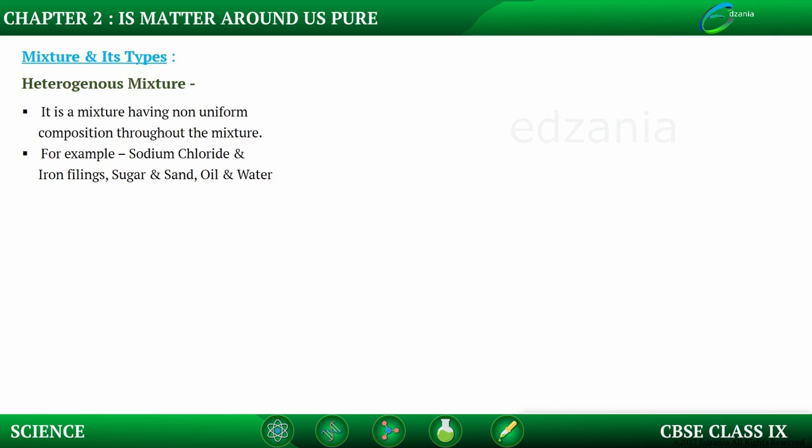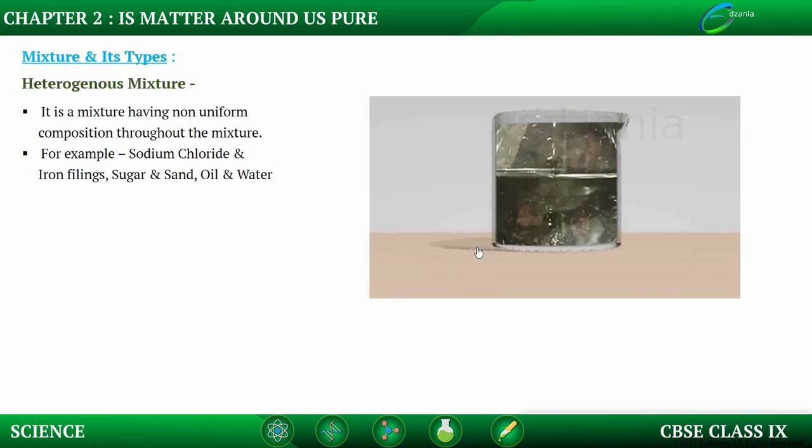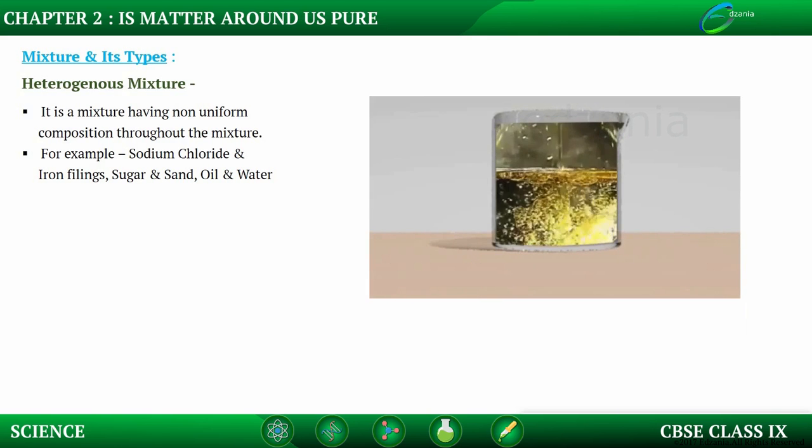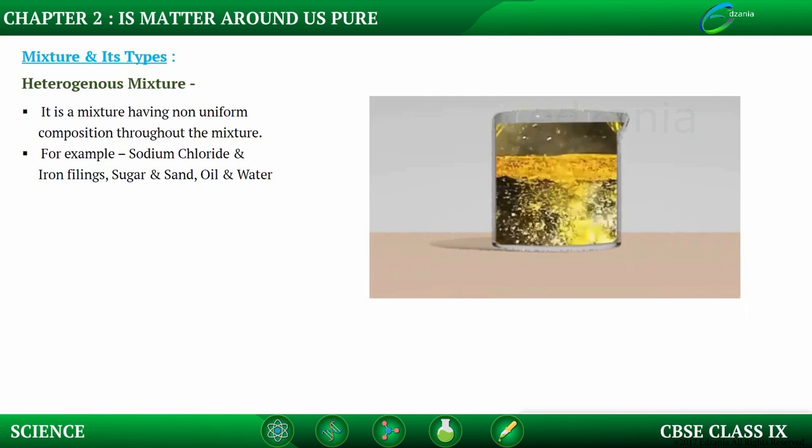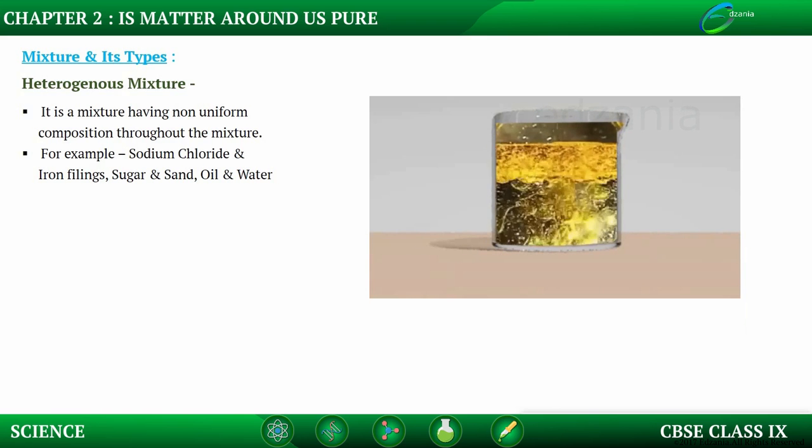Similarly, if sugar and sand mix together, then they form a heterogeneous mixture. Similarly, oil and water. Let us see through an example and try to mix oil in water. You will see that oil doesn't mix uniformly in water and it starts floating on the top of water. Therefore, oil and water forms a heterogeneous mixture.